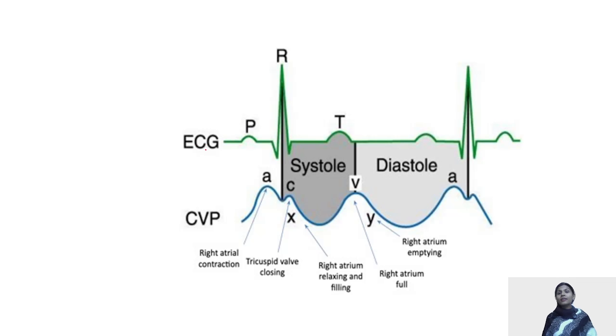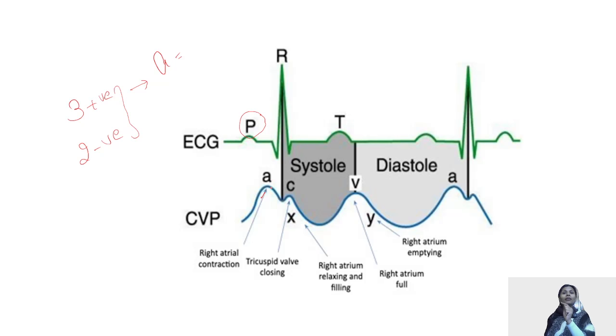Please see, there are 3 positive and 2 negative waves. In positives, you have your A. If you can see, it correlates with the P in the ECG, and this comes at the time of right atrium contraction. So you have a positive upstroke.